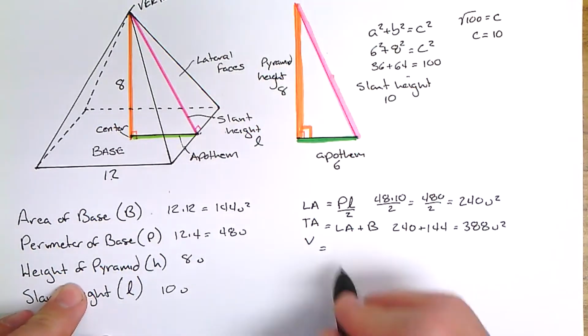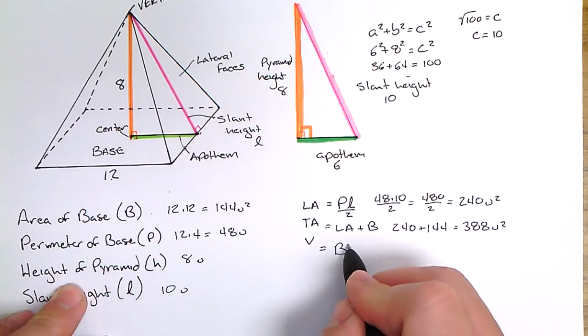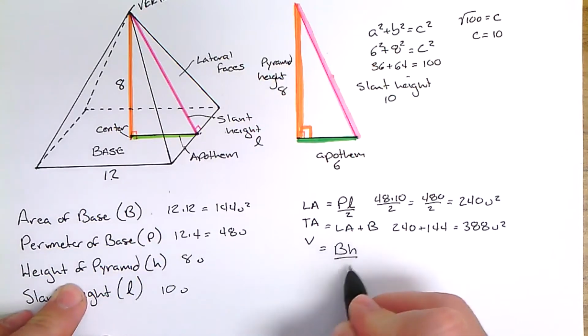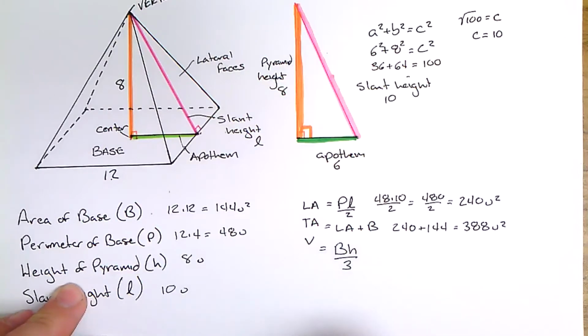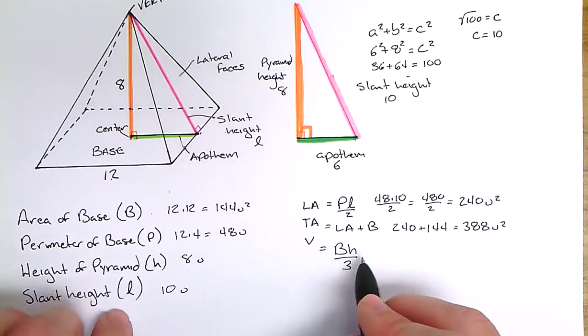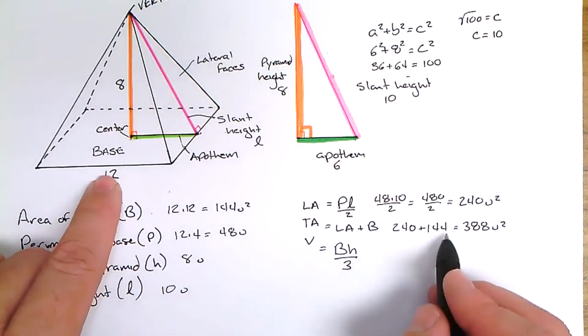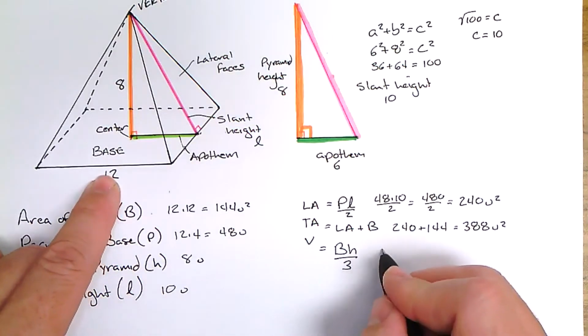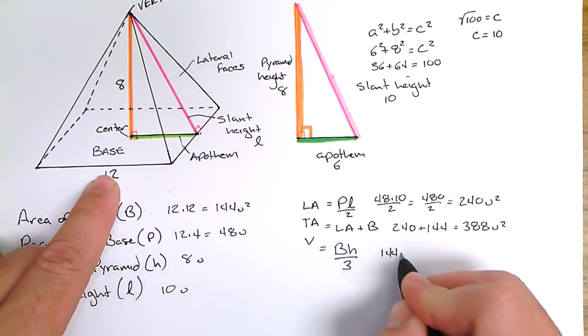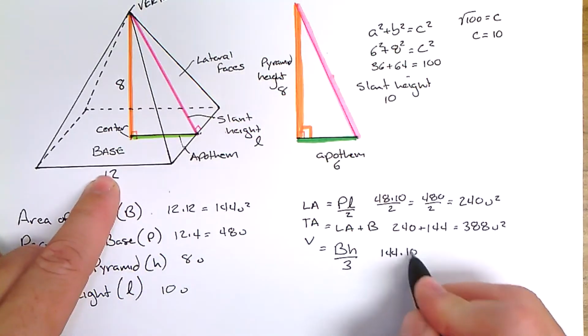And last but not least, our volume. Our volume is going to be equal to the base times the height divided by 3. So area of the base we have is 144. So 144. Our height we have is 8 divided by 3.